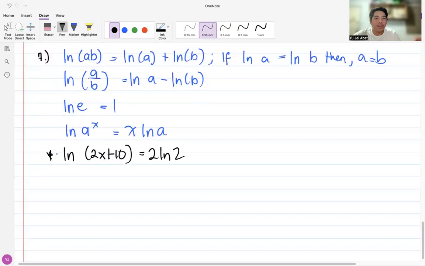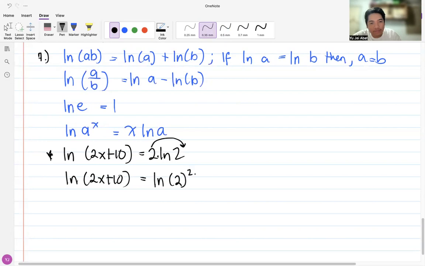What we are going to do here is, of course, take a look at the right side first, because we can still simplify this. This is 2 multiplied by ln of 2, so we can have that 2 as our exponent.